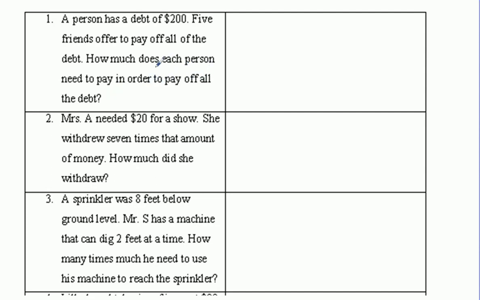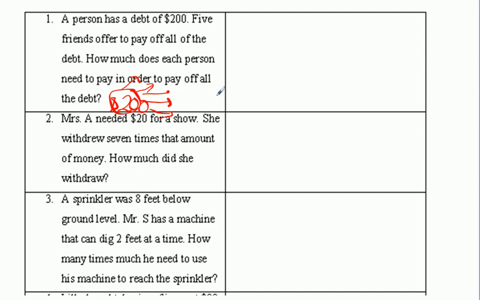Okay. So it sounds like there's a lot of money, right? Here's my big pile of $200. And 5 friends want to pay it for me. I'm trying to draw arrows. This is terrible. My marker's not working so well. 1, 2, 3, 4, 5. 5 people want to pay this for me.